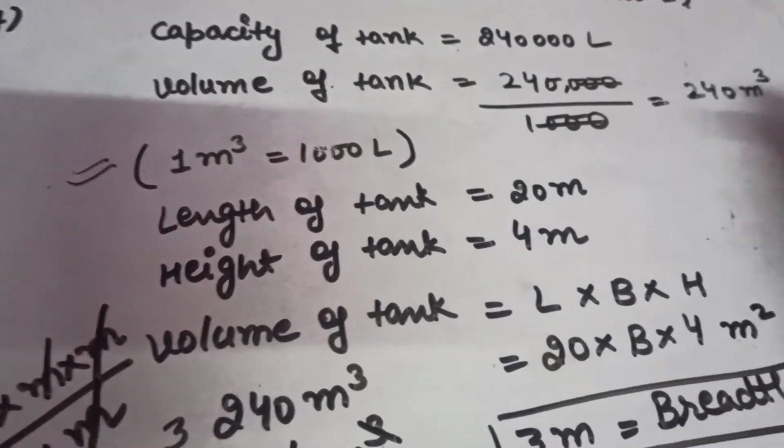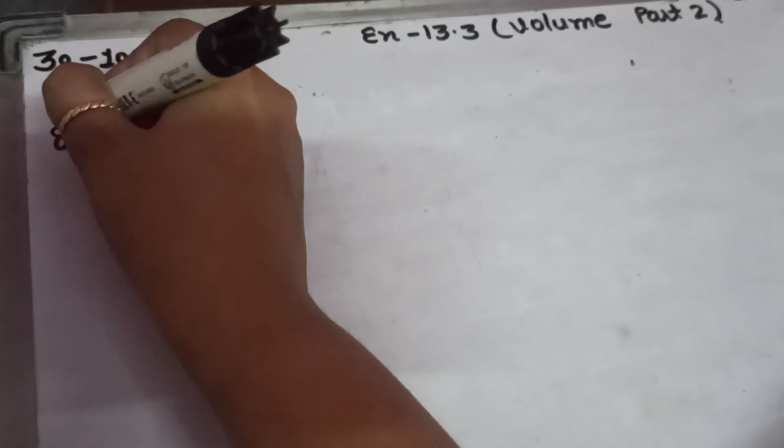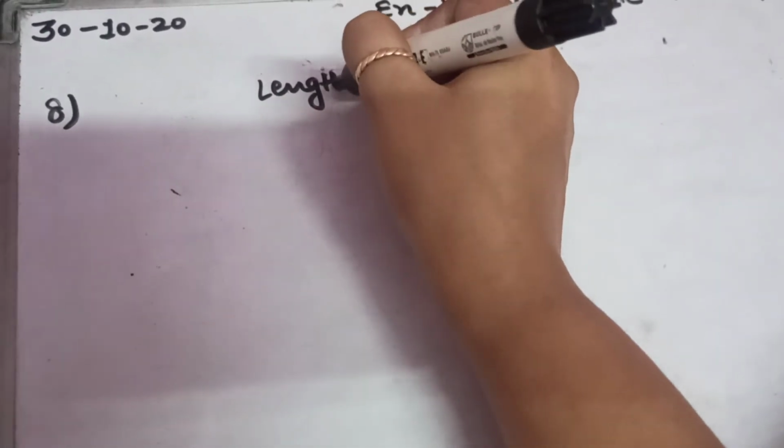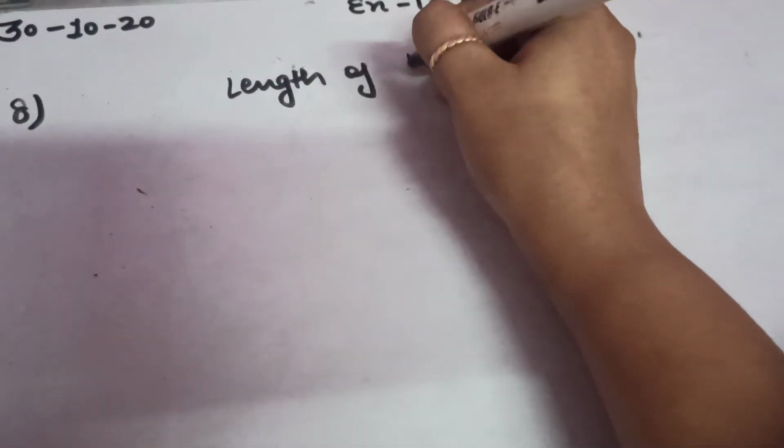So now question number 8, how we will find. Firstly, we will find the volume. So length of pit is 8 meter.